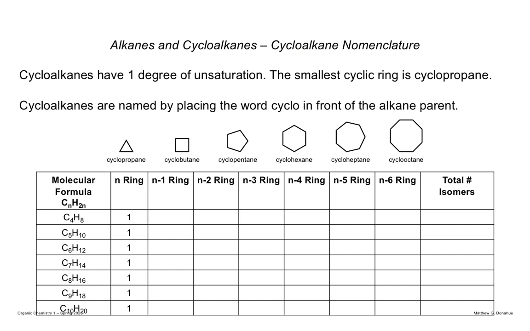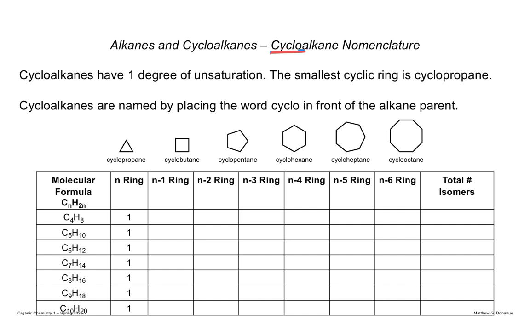And these are called cycloalkanes. Cycloalkanes, by definition, have 1 degree of unsaturation. That's the ring. So you minimally have to start at 3 carbons, so that gets you cyclopropane, going up: cyclobutane, cyclopentane, etc.